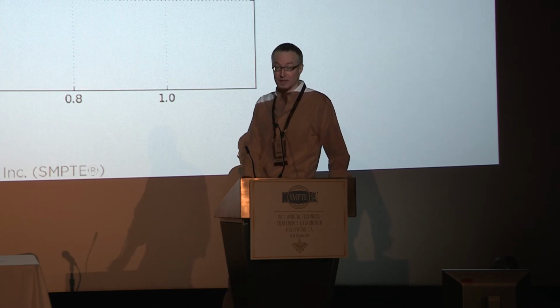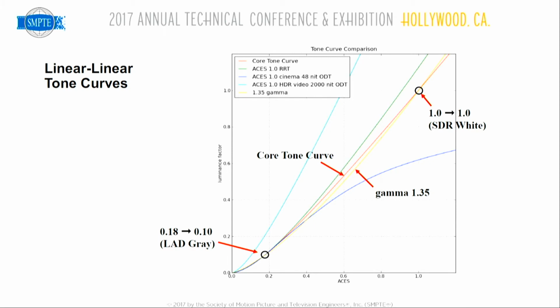In our paper, we have graphs on linear axes as well, such as this, which you can look at for reference. Obviously, it's not as illuminating as the log axes, so I'll let you look at those in the paper if you're interested.